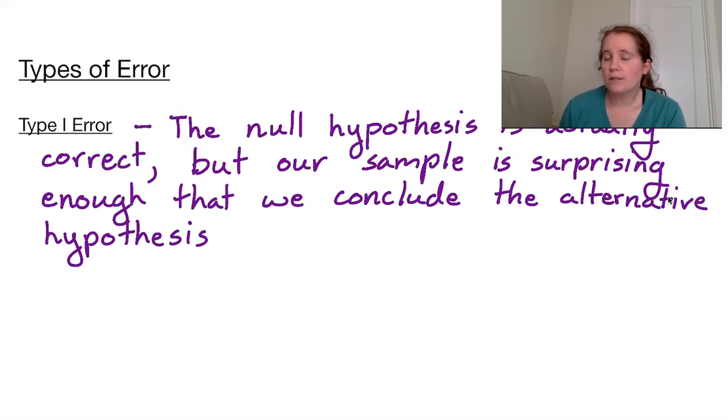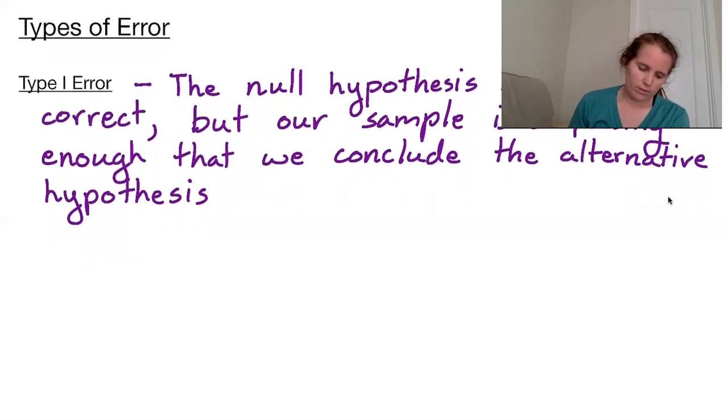So essentially, the significance level is our willingness to have type 1 error, because the significance level is sort of what we deem surprising if the null hypothesis were true.